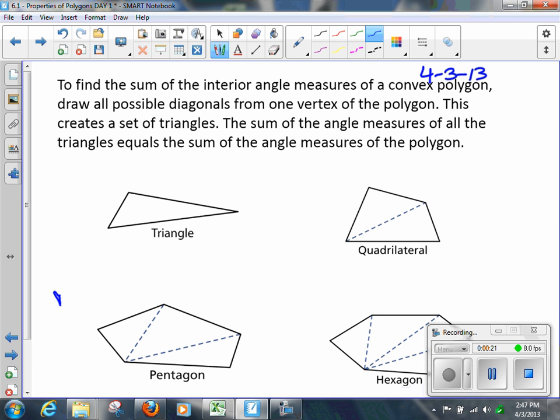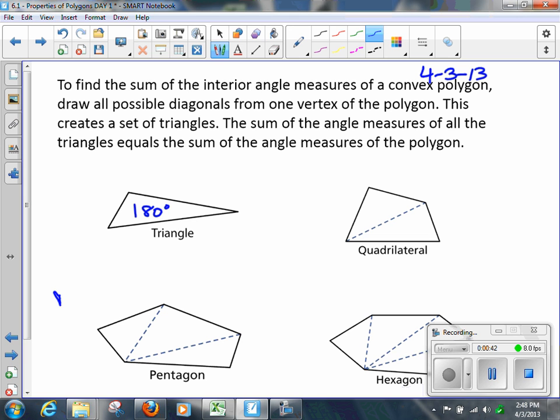To find the sum of the interior angle measures of a convex polygon, draw all possible diagonals from one vertex of the polygon. Now, what's the sum of the angles in a triangle? 180 degrees.